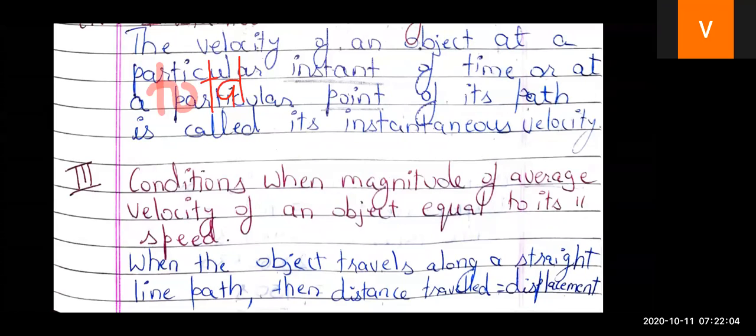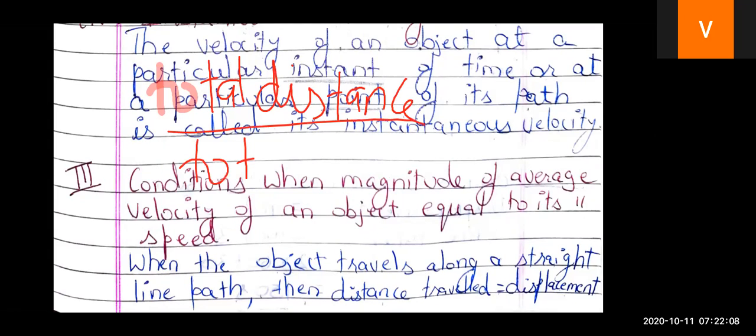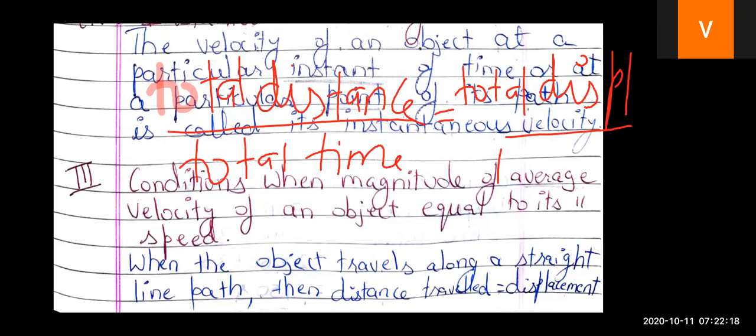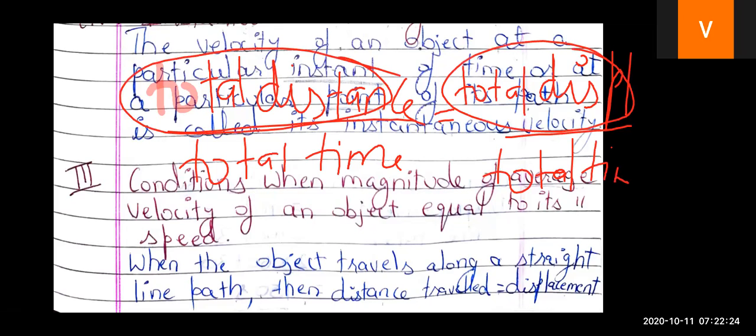Total average speed was total distance upon total time, and average velocity was total displacement upon total time. Now, children, if total distance is equal to total displacement, then we can say that average speed is equal to average velocity.